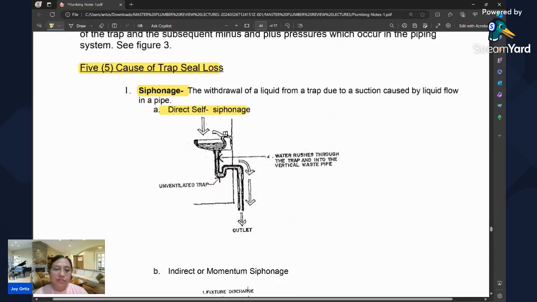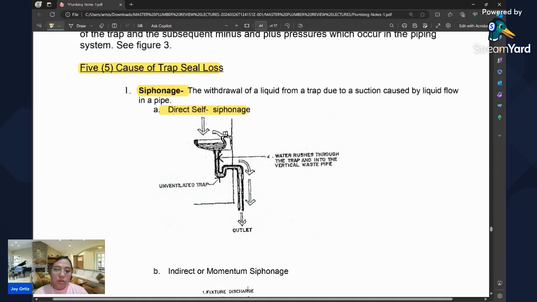So we have here the direct or self-siphonage. As you can see in the figure, there's an unventilated trap. It should be ventilated, and this is the outlet. So water rushes through the trap and into the vertical waste system.